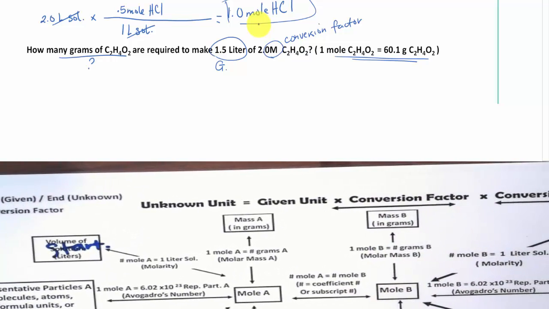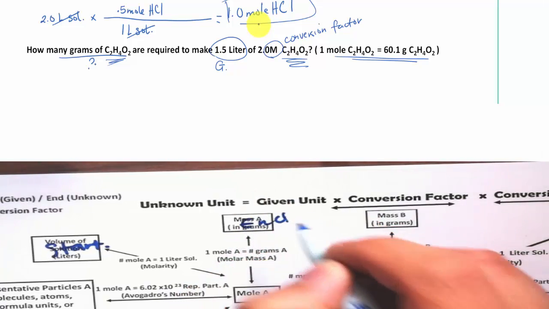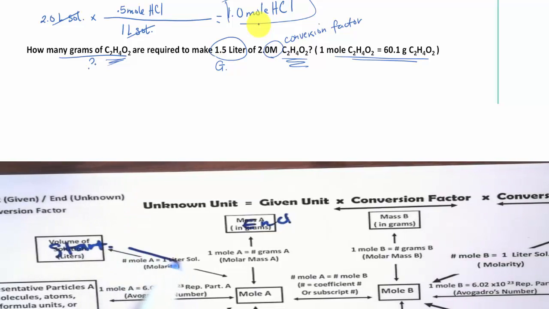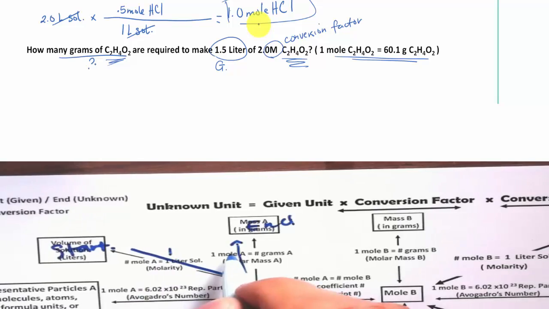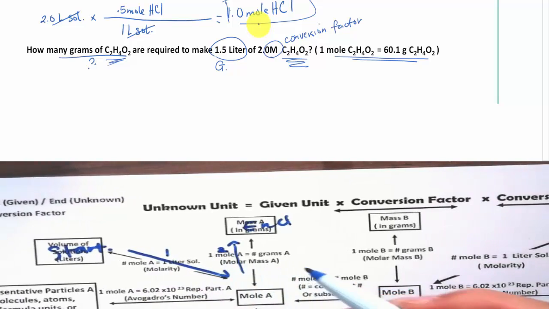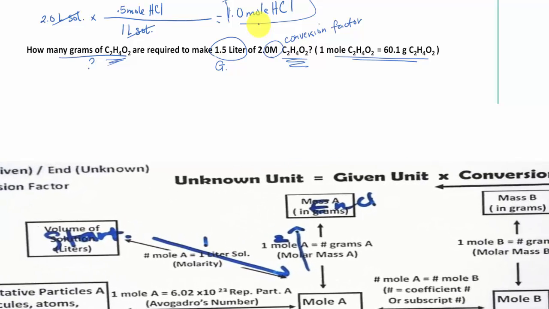We are looking for grams, and notice how this is the same chemical as your unknown. So therefore, we must stay on the same side. So this is where we must end right there. What does that mean? We have to go down this way and go up that way. So that's our first conversion factor. This is our second conversion factor. So that is the pathway for it.